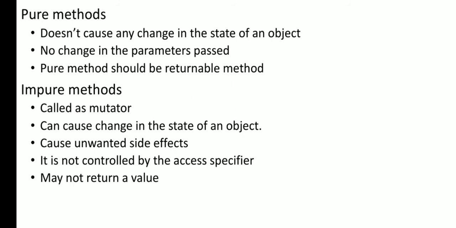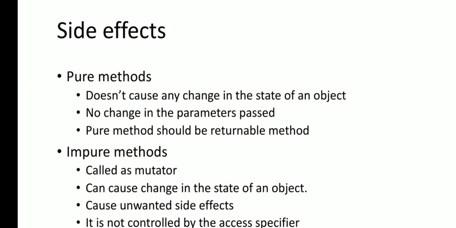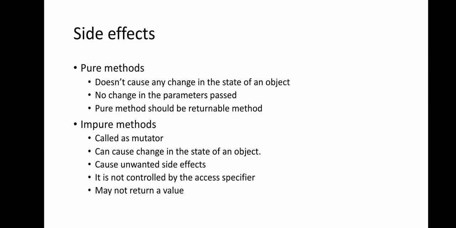That's why it causes unwanted side effects, and we can't even control this situation by using an access specifier, and it may not return a value either. This kind of method is called an impure method. You should be very careful while using impure methods. A pure method doesn't cause any change in the state of an object, there is no change in the parameters passed, and a pure method should be a returnable method; it always has a return type. That's the difference between pure and impure methods.